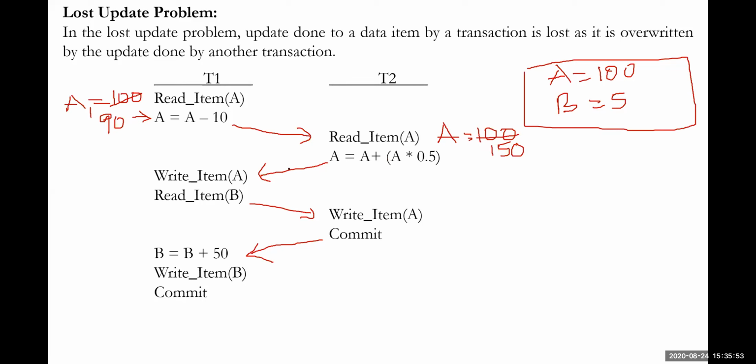Now the turn comes to T1, and it has been written onto the local buffer of T1 here. So previously A, which is 100, is at the local buffer, and this is a local variable, and this is the local buffer. Let us consider this is a buffer, and this is a local variable here also.